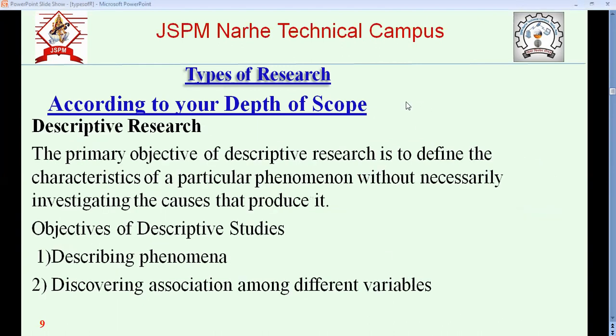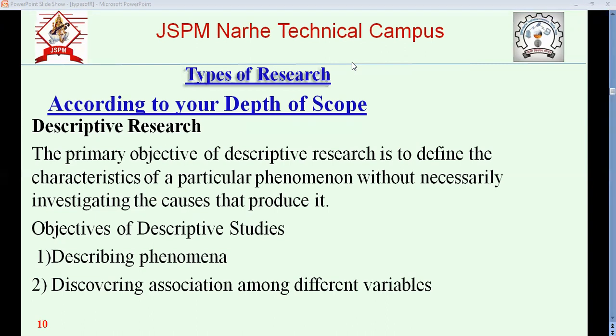it is a little bit deeper in that sense. That is descriptive research. In descriptive research, we describe the thing, a particular phenomenon, like what is the purchase behavior of a person in a particular shopping mall, man or woman.